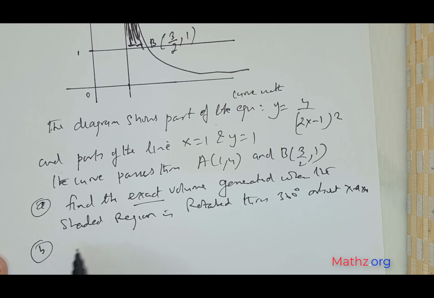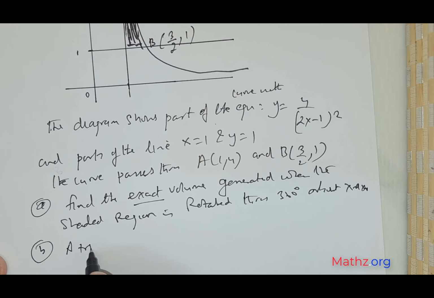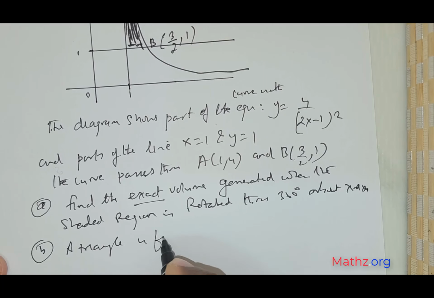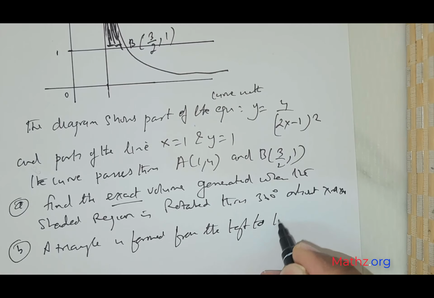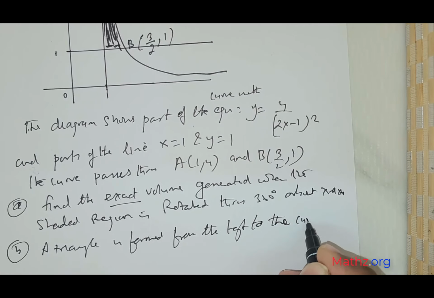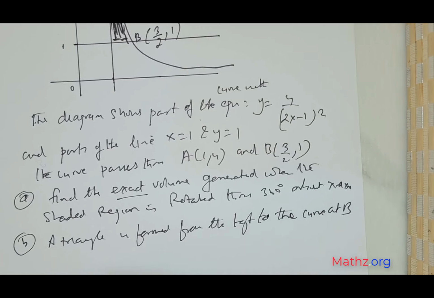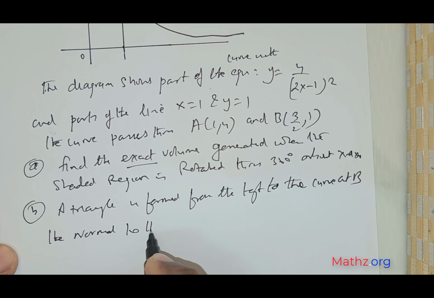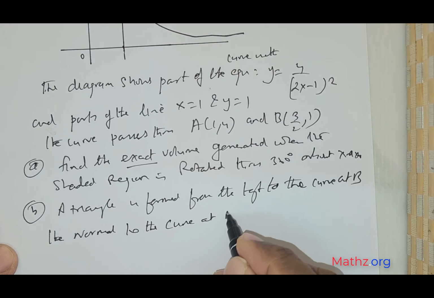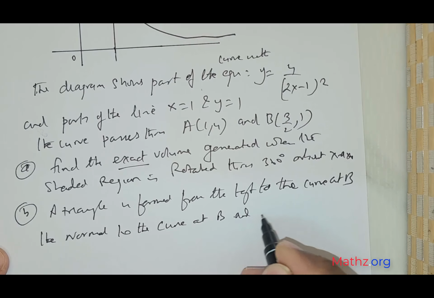that's part A. Part B is a triangle is formed from the tangent to the curve at B, the normal to the curve at B and the x-axis.